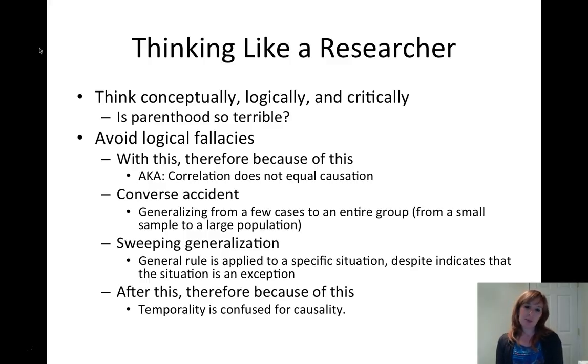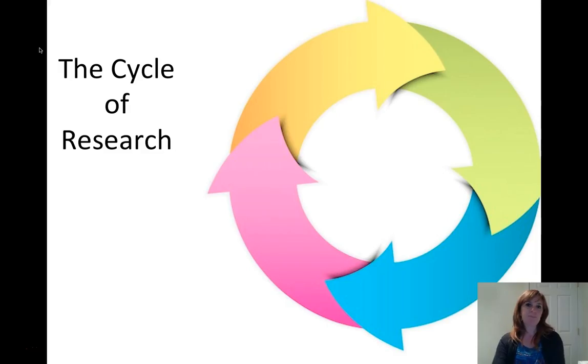Because something came before another event does not necessarily mean that it caused that other event. And so I think these are all really important things to think about as you move forward in practice, as you read articles and evaluate the assumptions that authors make, and as you write your own paper for this class and think about the assumptions that you're making and the connections that you're making between literatures.